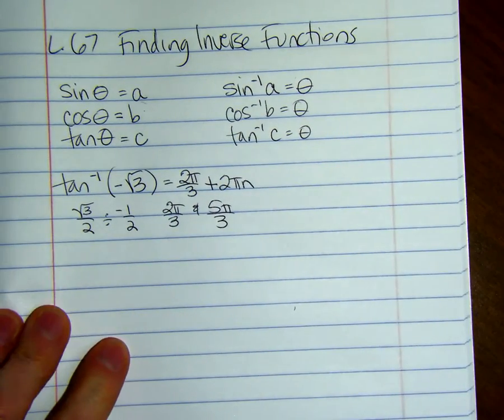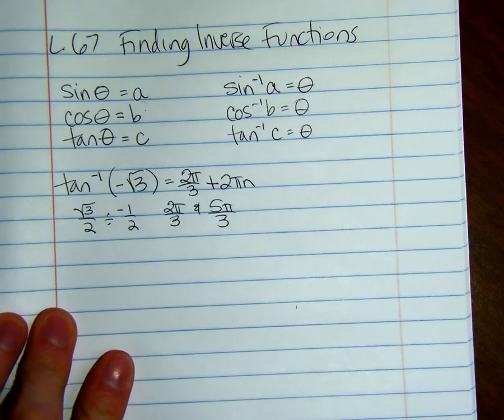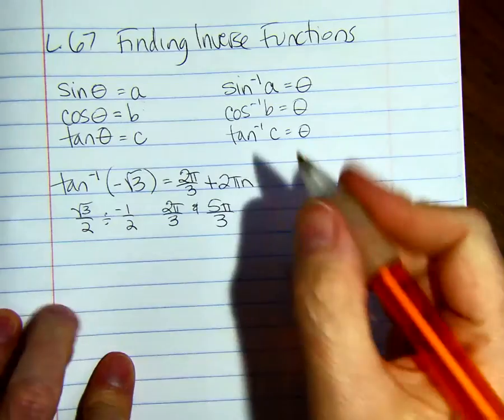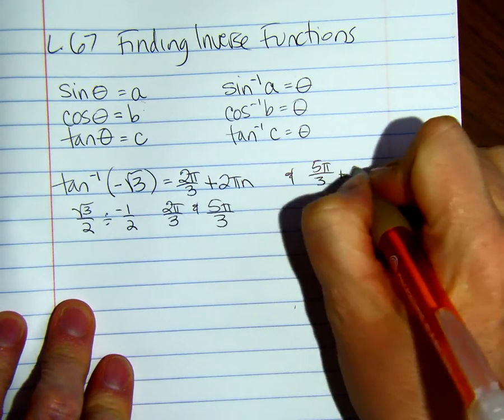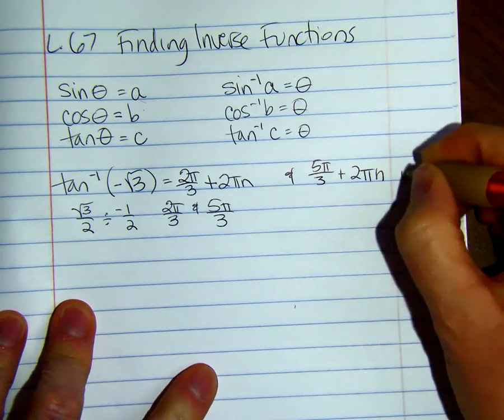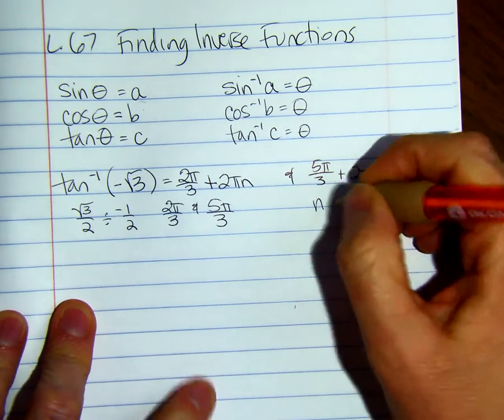That way you can continue to keep going around the circle and getting all the points that are available. And 5 pi thirds plus 2 pi n, where n is an integer. Any integer.